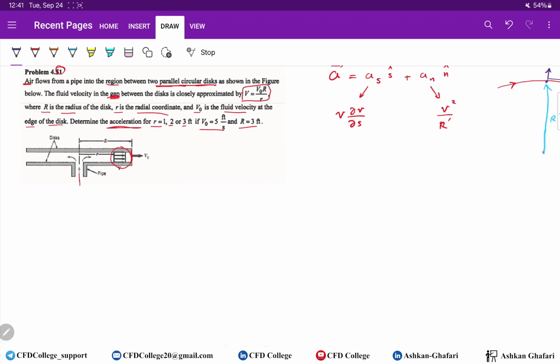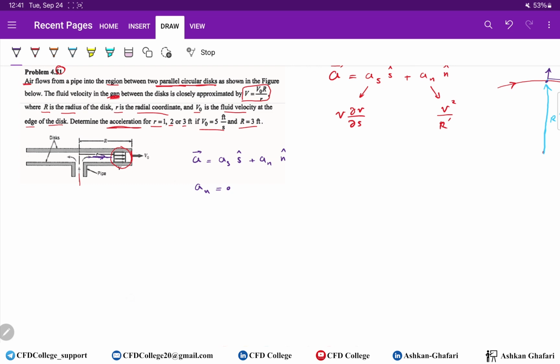Okay, so as I mentioned, acceleration equals a_s in the streamline direction plus a_n in the normal direction. As you know, a_n equals 0 in this problem, because the streamline is horizontal. As you can see, this is the r and this is the streamline. You can understand that by this velocity profile.